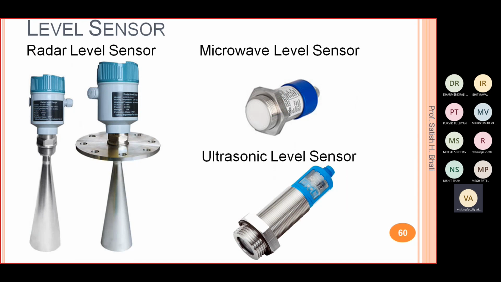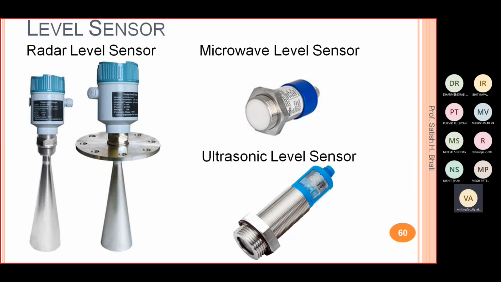Here you can see in the figure a radar level sensor, radar meaning microwave. Some of these are bigger, having a big size. Microwave and ultrasonic level sensors both look very similar.